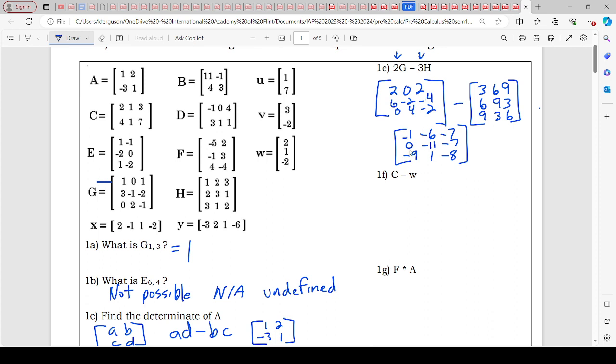And then C minus W. Okay, here's the thing. When you add or subtract matrices, the dimensions have to be exactly the same. They're not, so it's undefined or not possible.